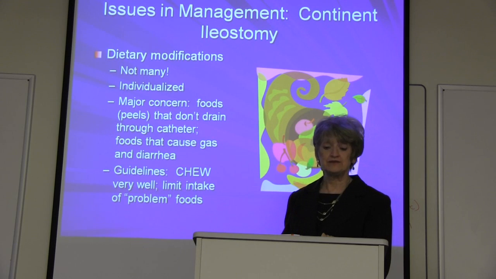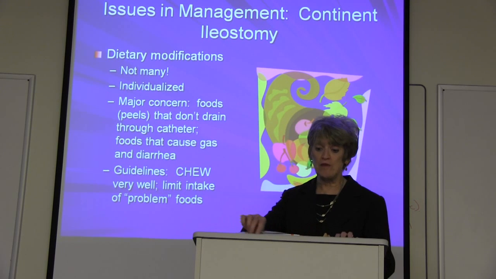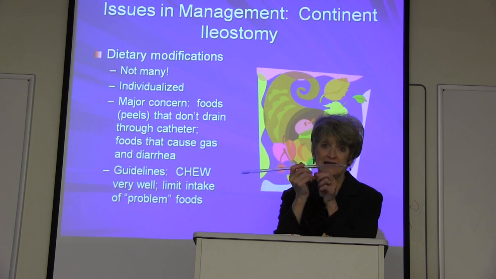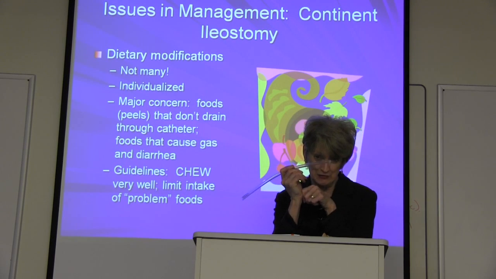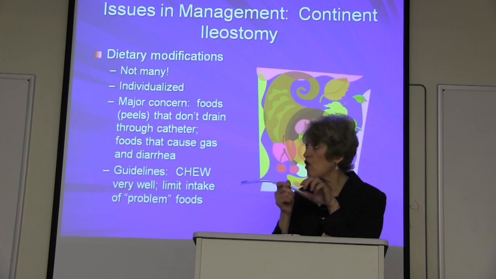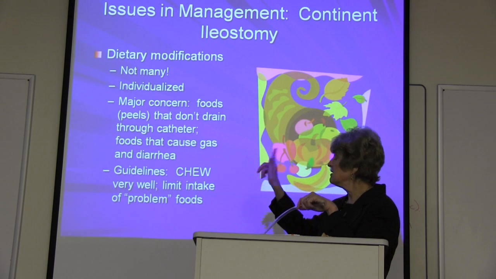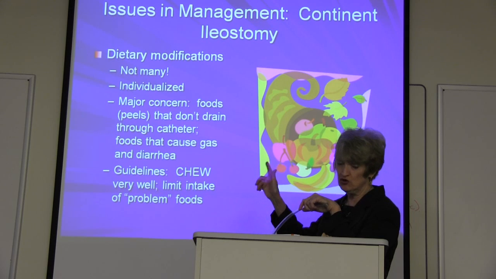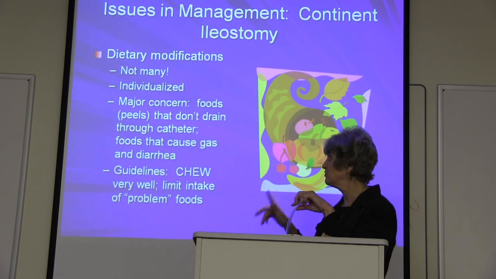Now, what about diet? They can eat most foods, but you go back to, and this is a good thing to say to the patient, everything has to come through this. So when you're at the salad bar, think about the fact that everything has to come through the catheter. So there are some modifications. Peels don't do well. You usually can't chew them up well enough, so no peels.